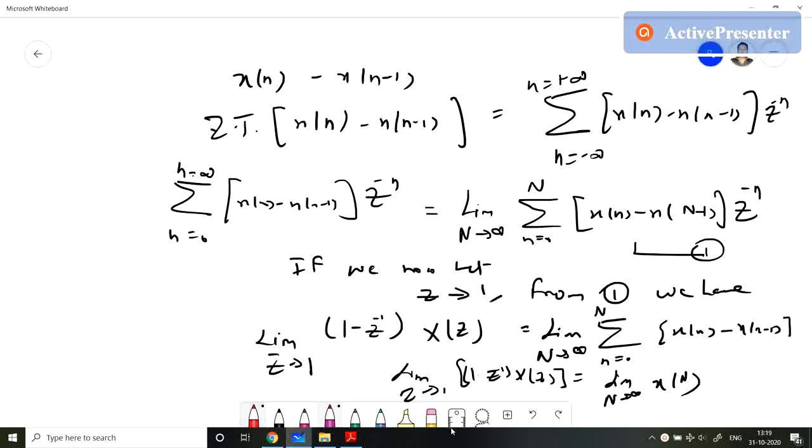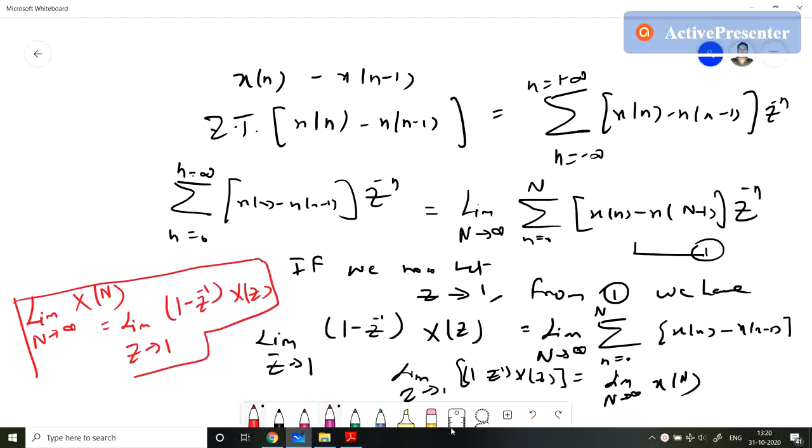So according to this final value theorem, limit n tends to infinity xn is equal to limit z tends to 1 of (1 minus z inverse) into X(z). So this is called the final value theorem.